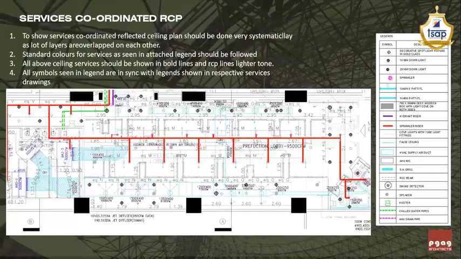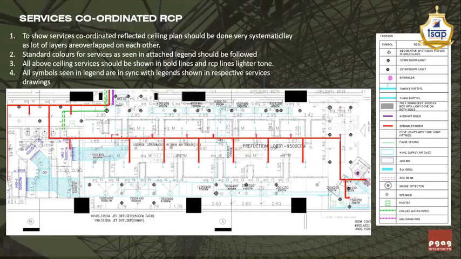Now, services coordinated RCP. This plays a very important role. The coordination with the structural drawings and the MEP services drawings plays a very important role when you are executing any commercial project, be it a restaurant, a commercial space like an office space, or a multiplex.